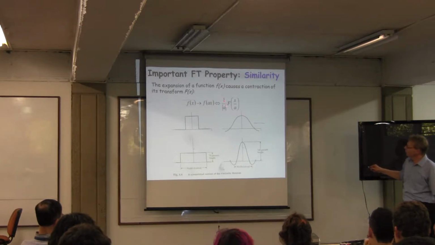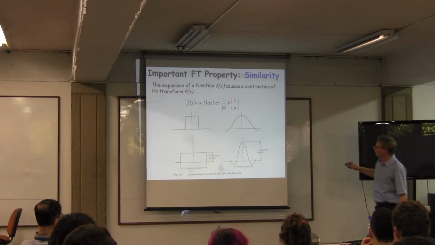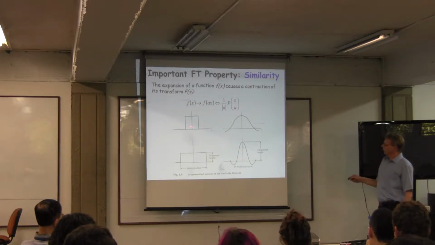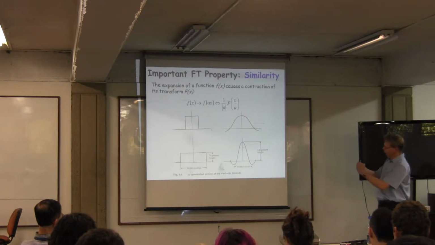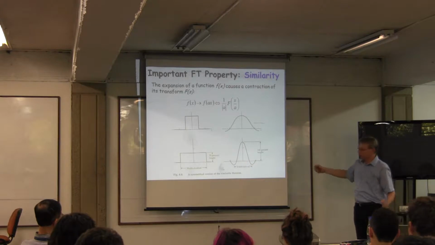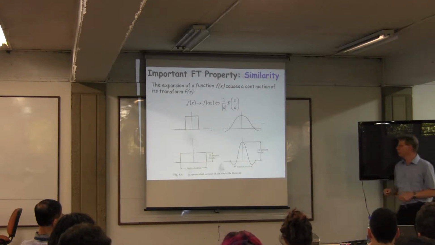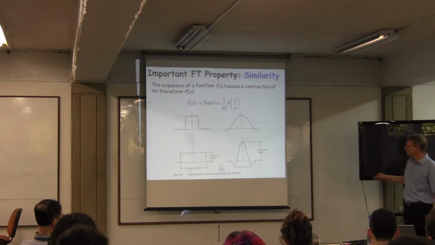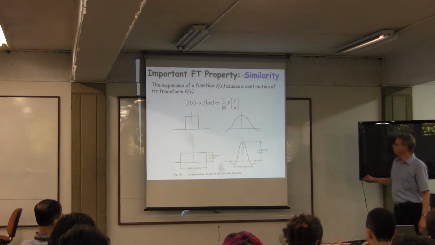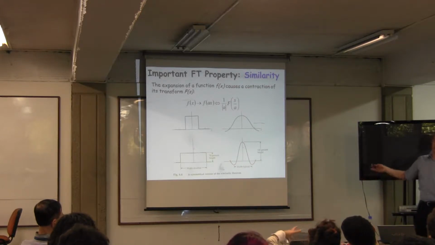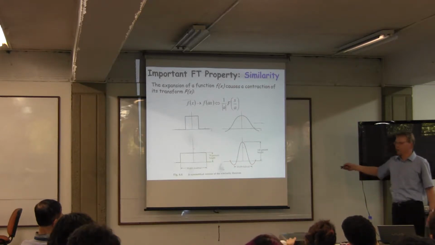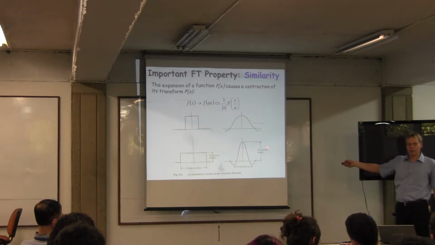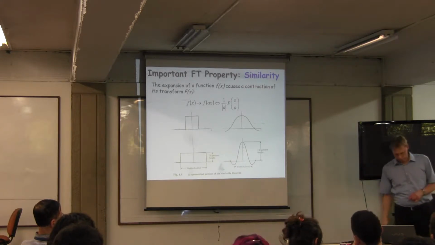Namely, it will become 1 over a, or in this case 1 over 2, times the original one. So if we stretch the source function, we will make the Fourier transform narrower here. And this is something you may say, yeah, why? But this is very important, and we'll see later why.